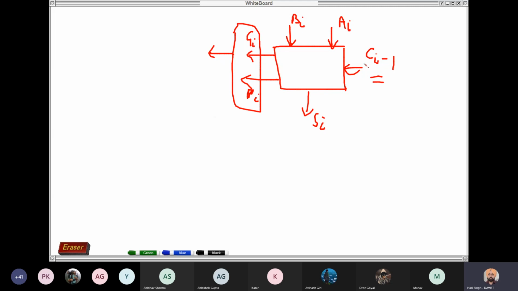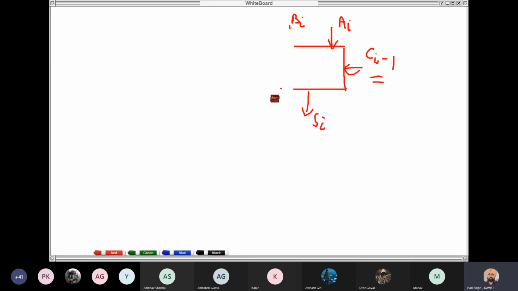So let us consider a 4-bit CLA, carry look ahead adder, to understand the concept.